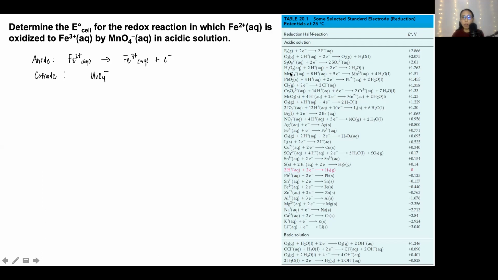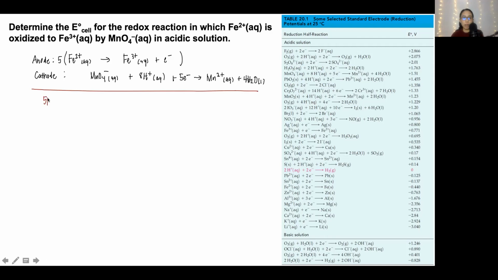So we see here the reduction of permanganate in acidic solution. So the other reactants are hydrogen ions plus 5 electrons, and the products are manganese 2 ion plus 4 water. So to balance our redox reaction, I will multiply this by 5 so that I get an equal number of electrons for the two half reactions.